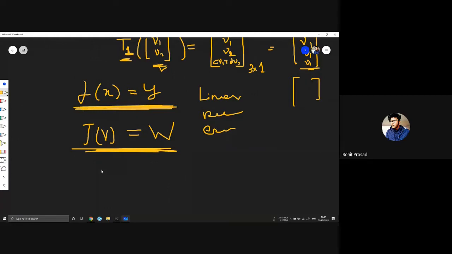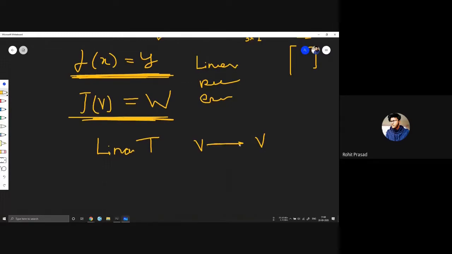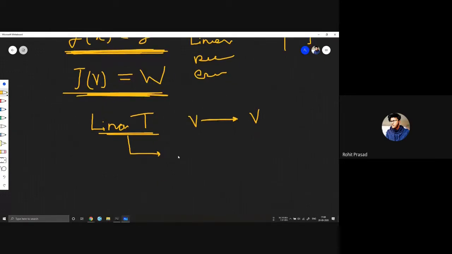If we take an example, a linear transformation takes a vector space V to itself. And what a linear transformation does, for example, can be a translation.